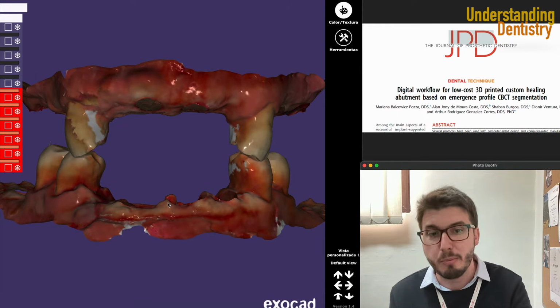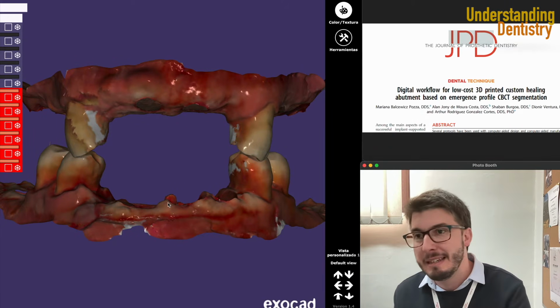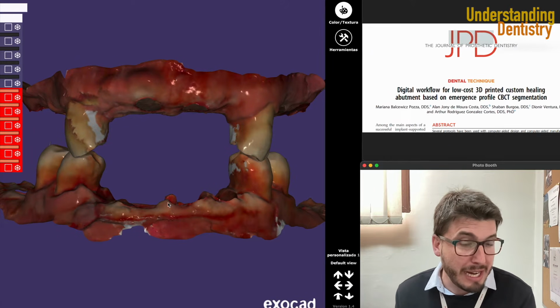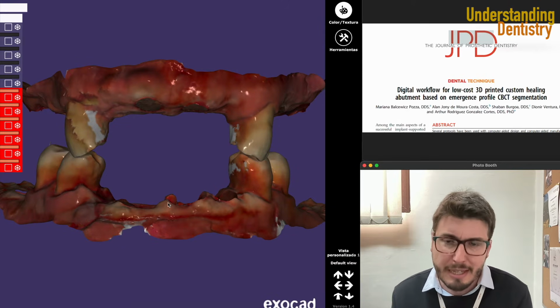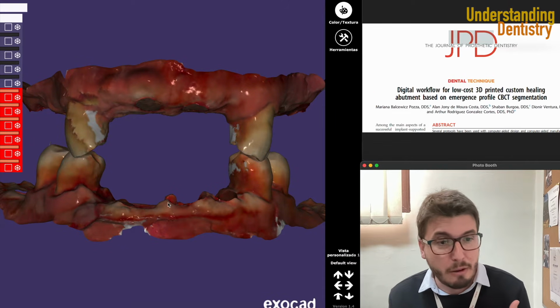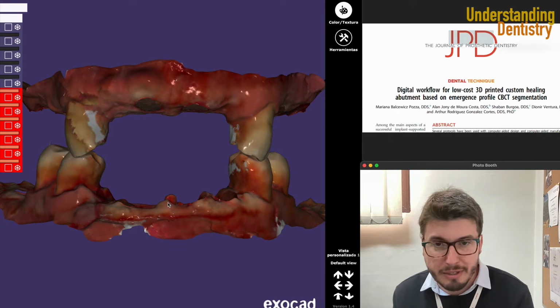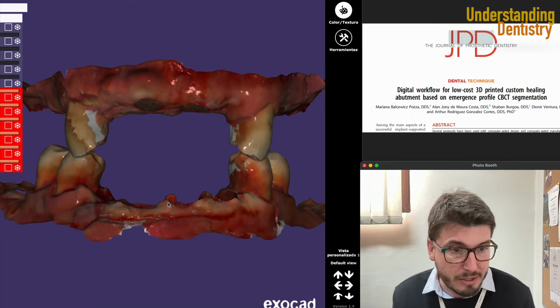So you are responsible for the planning. You would correct this planning, and then at the end they would offer you a design of the surgical guide and of the temporary crowns, the temporary prosthesis, depending on the case, and send you all the STL files. Then you would be able to 3D print, or send to a lab to mill and 3D print, and then you would rehabilitate this patient, okay?